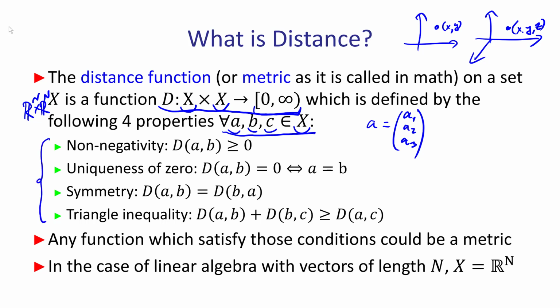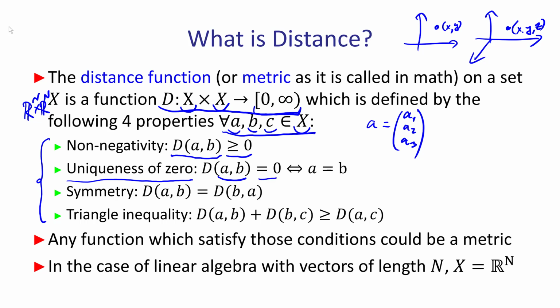Here you have them. The first property is obvious, it's called non-negativity. So the distance between vectors A and B should always be larger than or equal to 0. So it's always positive or 0. Distance clearly cannot be a negative number. Now, the second property is uniqueness of 0, which means distance may have only one 0, only one possibility for vectors A and B to produce distance which is 0.